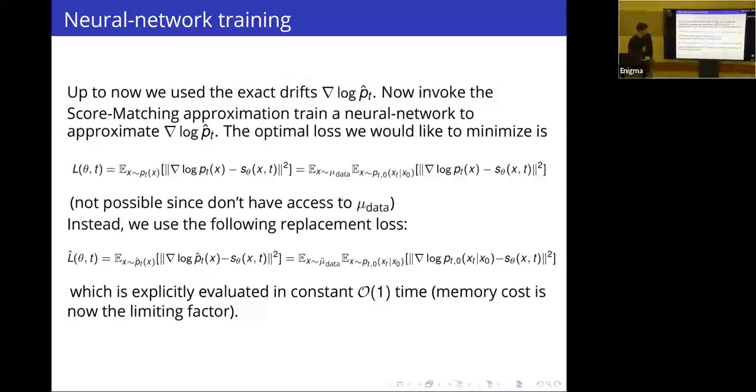That is a result of vector calculus and integration by parts to show that they're equivalent. So now the crux of it in the implementation is that you can evaluate this in constant time, and so the memory cost of the size of the data set is now the limiting factor.